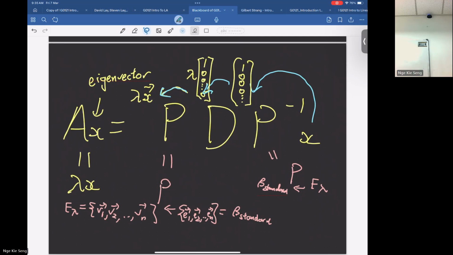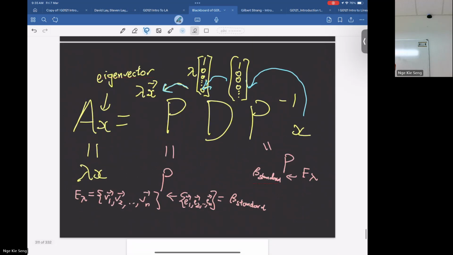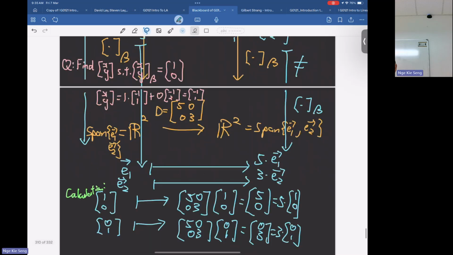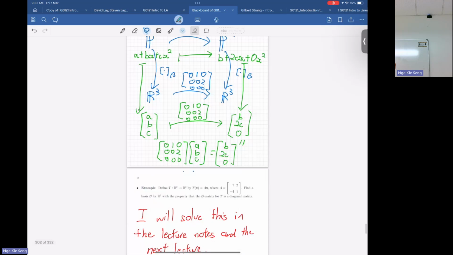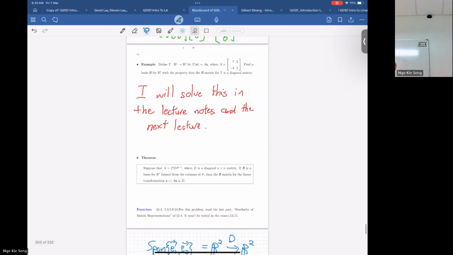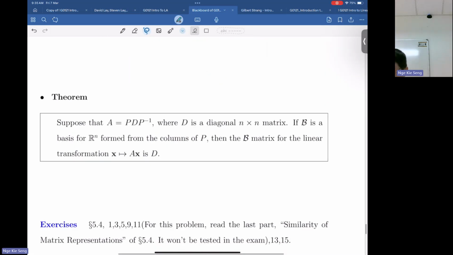Okay, I think this is correct. Let me see what the statement is here. The theorem is: if you can write A as P D P inverse, and B is the basis formed by the columns of P, then the B matrix of this linear transformation is the diagonal matrix D.